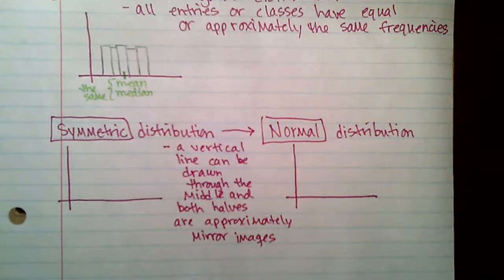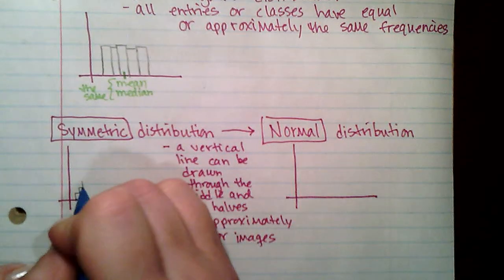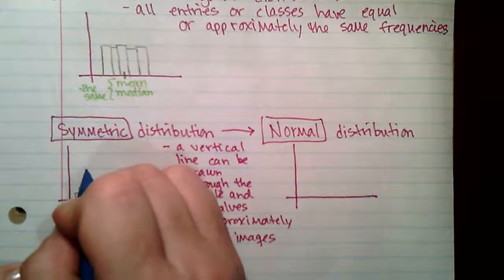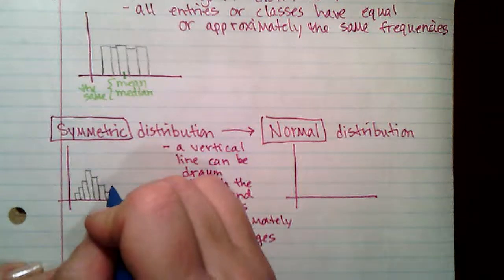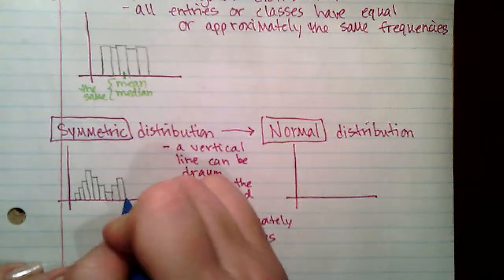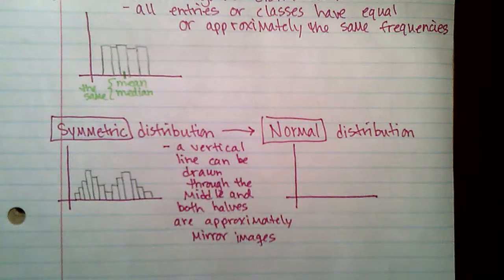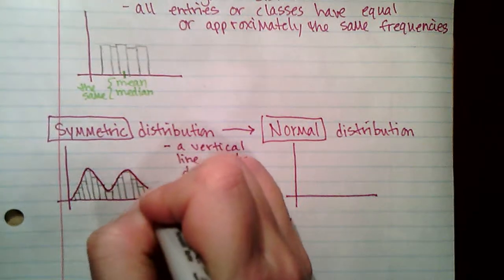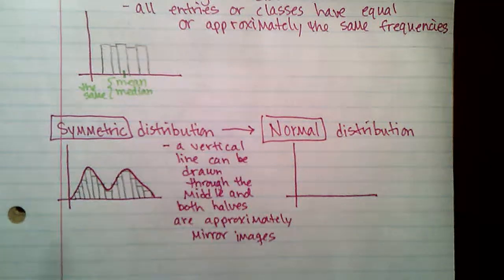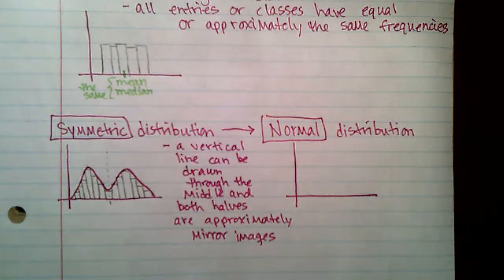Okay, so it might look like this. Where our distribution kind of has what we'd call bimodal shape. You can see that if you draw a vertical line through the middle, both halves would be approximately mirror images.